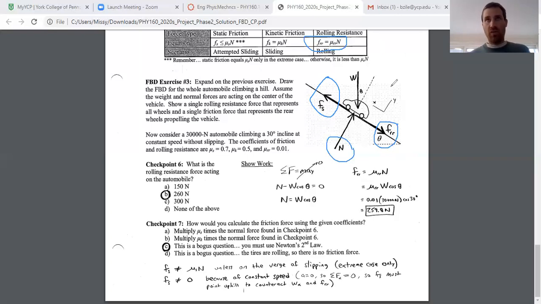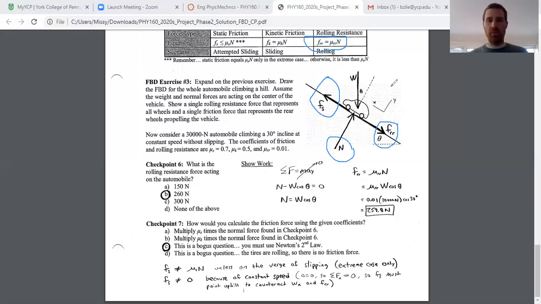So this is kind of one situation where we're not really thinking of the entire car as just a particle. Most of the car is, but you have these spinning wheels underneath. And because when the engine's trying to drive the vehicle, the bottoms of the tires are trying to push backwards, you're going to get a force pushing forward.